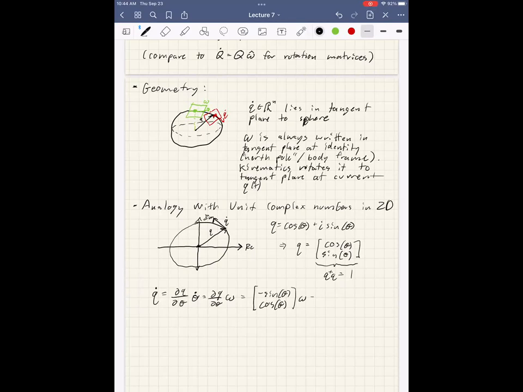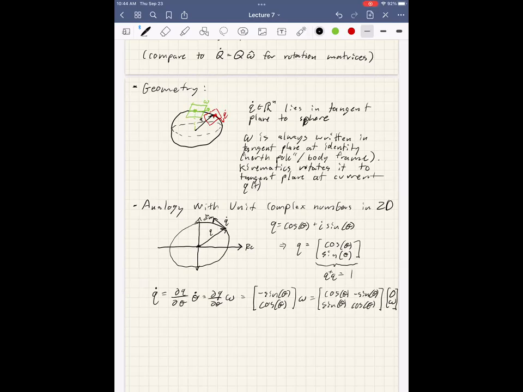What this is actually doing is a rotation matrix, cos theta, minus sine theta, sine theta, cos theta, times 0, omega. This is just the column corresponding to the Y component. So it's doing the exact same thing.